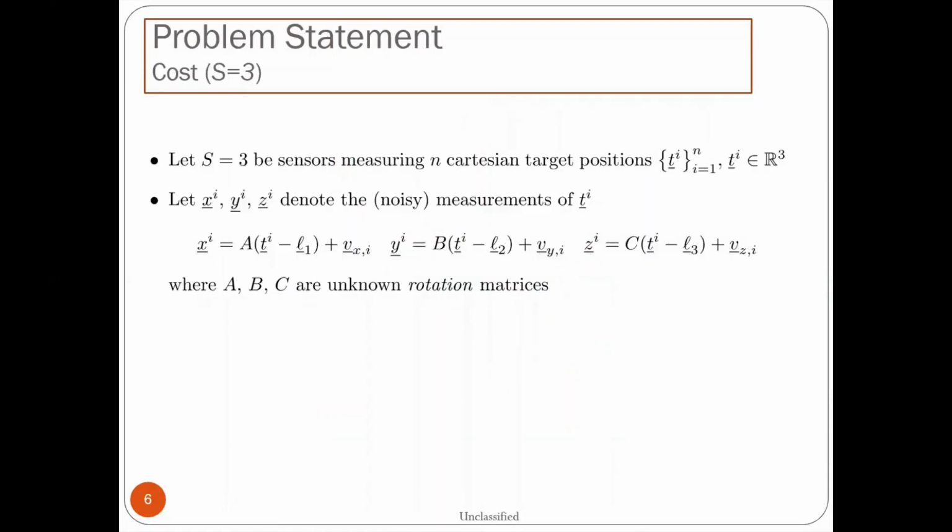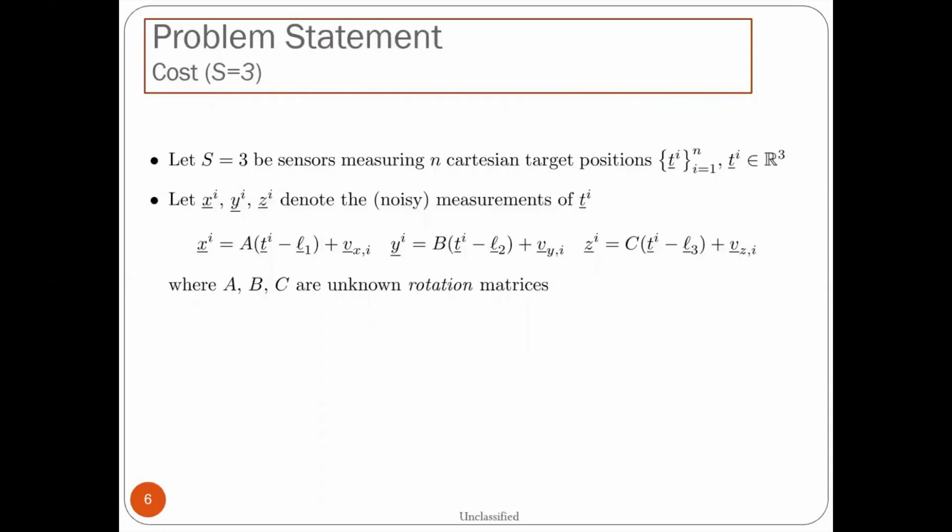To state the problem, we consider a simple case of 3 sensors, which measure n Cartesian positions of the target. These positions are denoted as Ti, and we denote by X, Y, and Z the measurements of all sensors. For example, sensor number 1 has a rotational bias represented by the rotation matrix A, and its measurements are A times the difference between the actual ground truth Ti minus the sensor location L1.